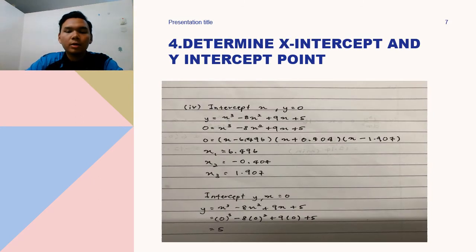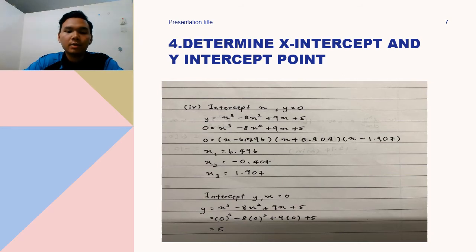For question number 4, determine the x-intercept and y-intercept points. For the x-intercept, y equals 0. So 0 equals x power of 3 minus 8x power of 2 plus 9x plus 5.